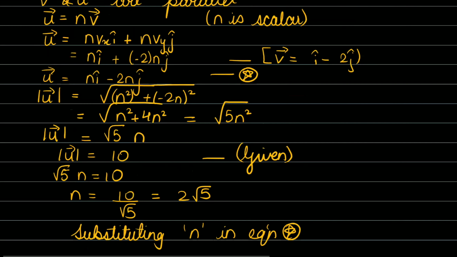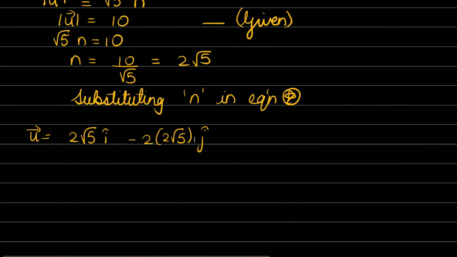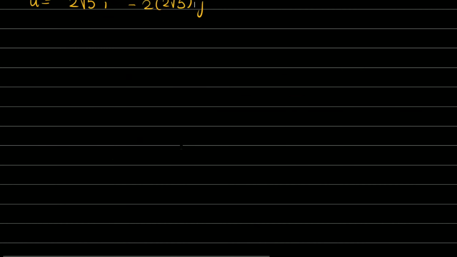We have substituted the value for n in equation star. That is, in place of n we have considered 2 root 5, and in place of minus 2 into n, again 2 root 5. So we get 2 root 5 i cap minus 2 into 2 root 5 j cap.